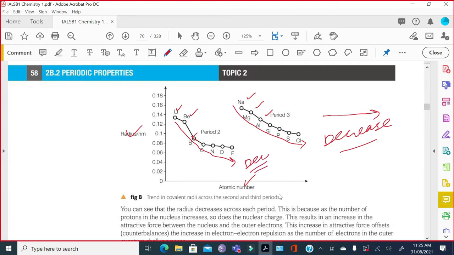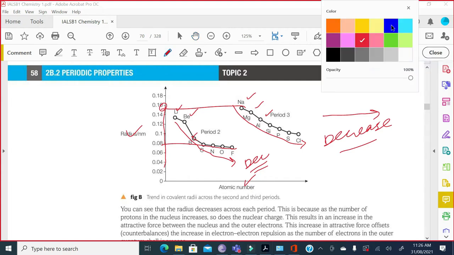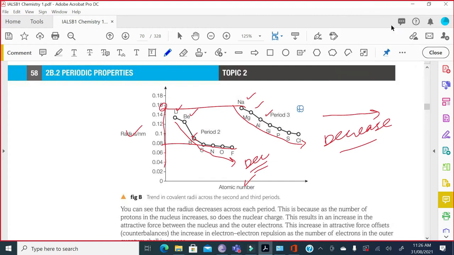Okay. Now if you start from here, you can see there's a fall, and till here there's a fall, and if you just let me change the color. If you just see here, there was a fall till here as well.